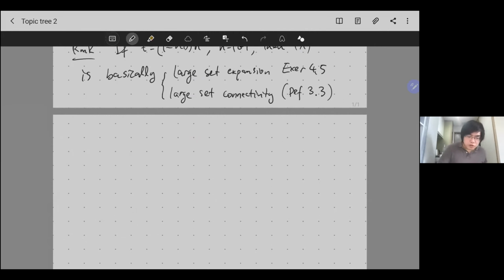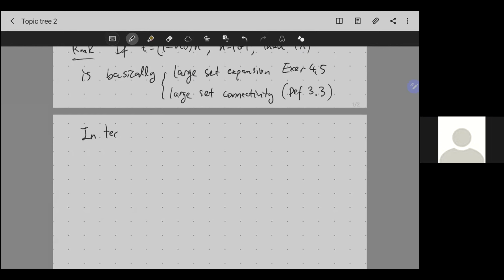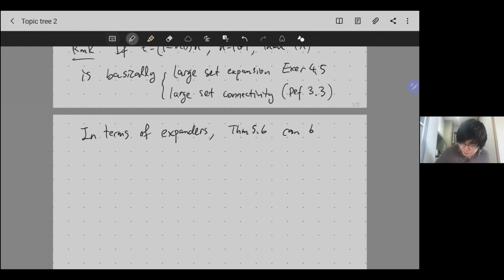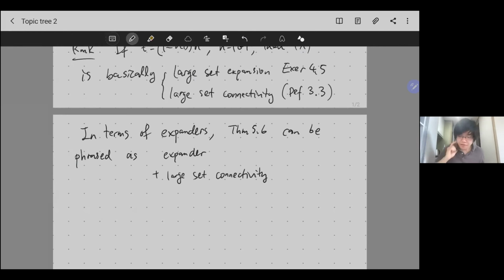So in terms of expander, it can be written as expander plus large set connectivity, as in definition 3.3.